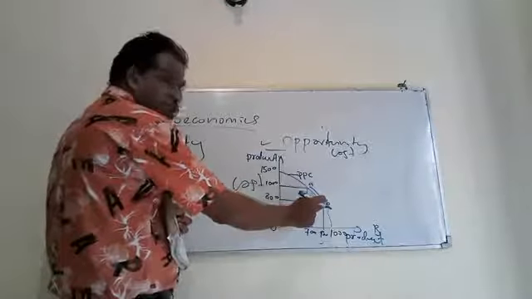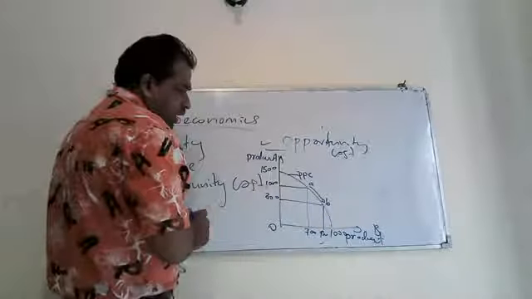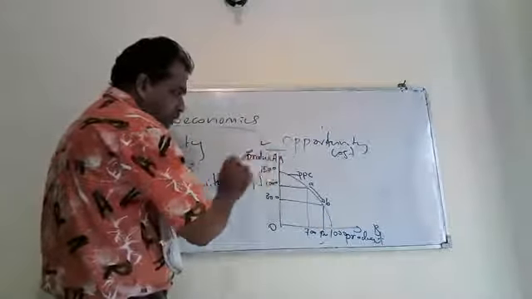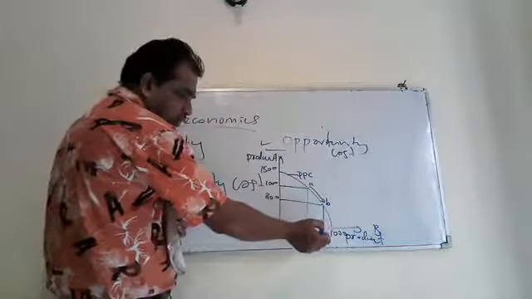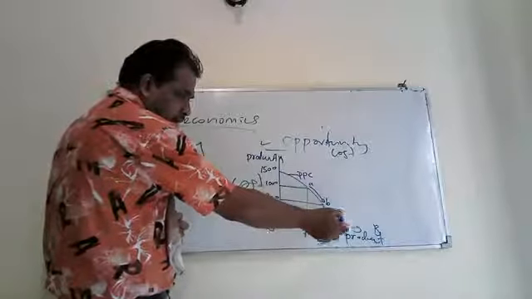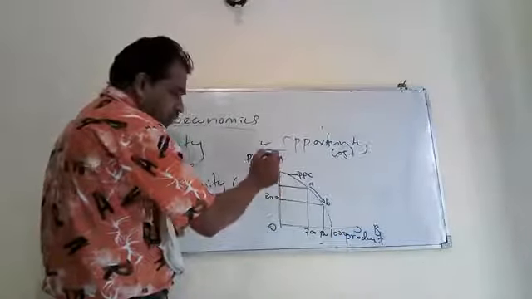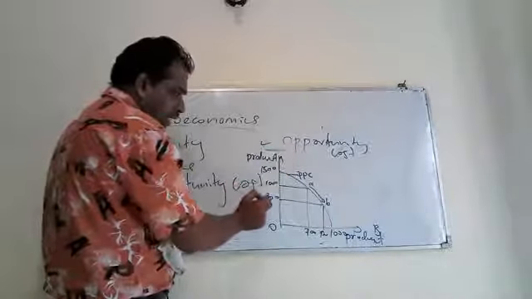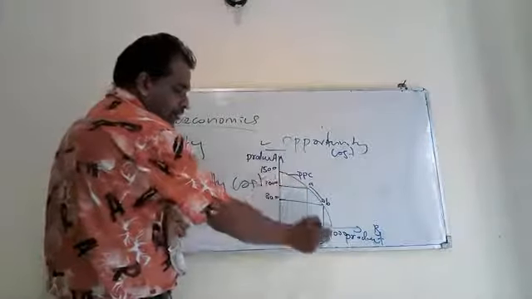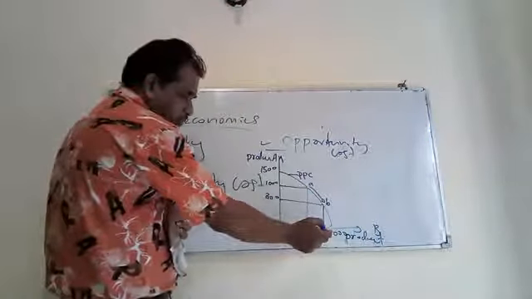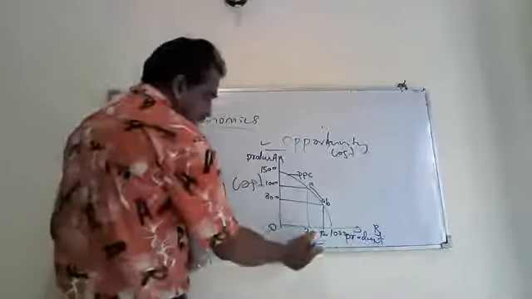Earlier you had selected this combination, that is B. Then if you want to increase the production from product A, you have to move from B to A. Earlier you were producing 900 from product B and 800 from product A. If you want to increase production from product A from 800 to 1,000, then you have to sacrifice the production units from 900 to 700 of product B, like that.